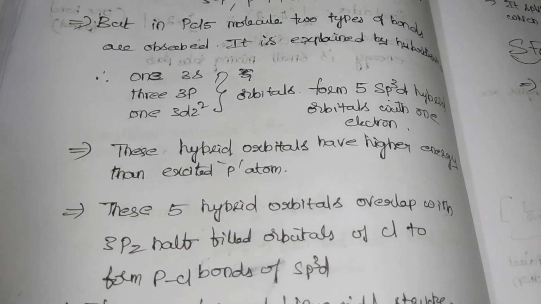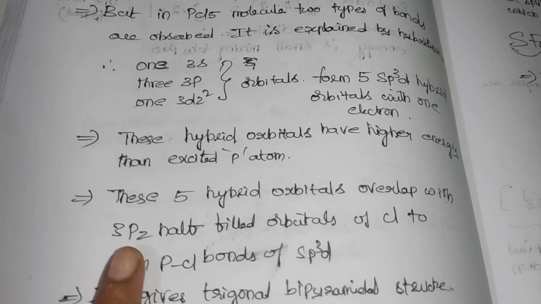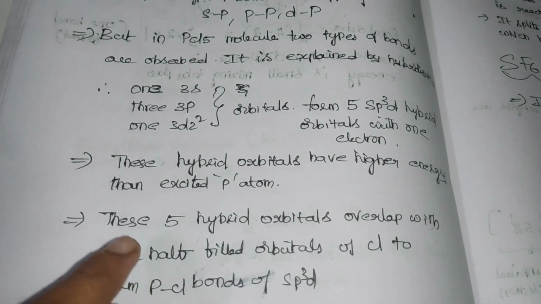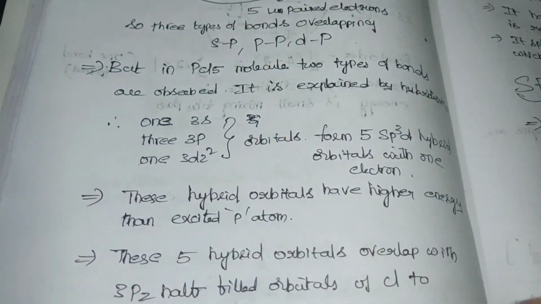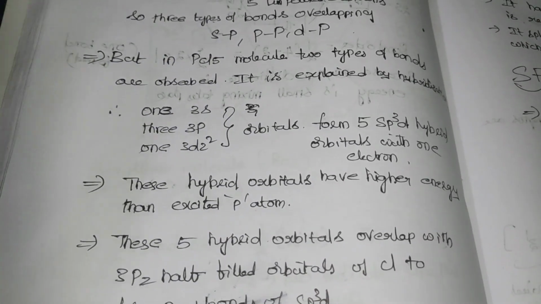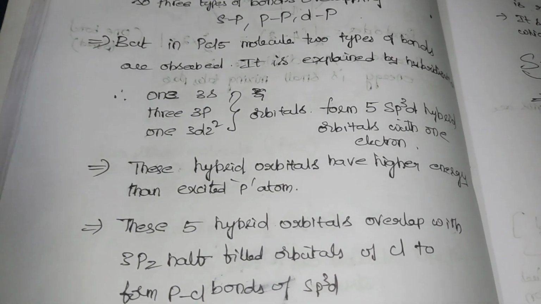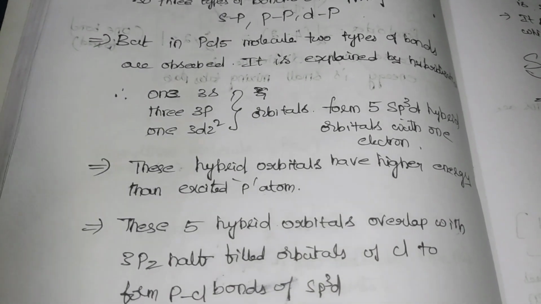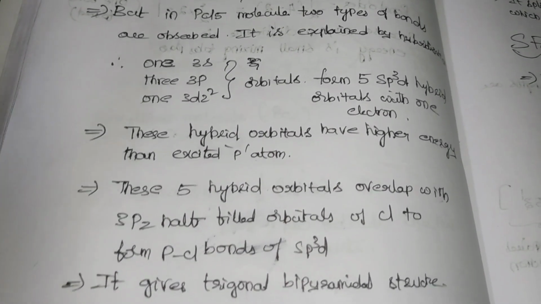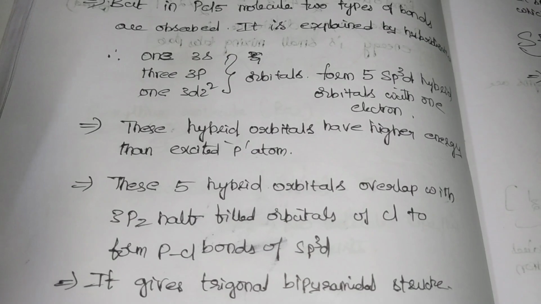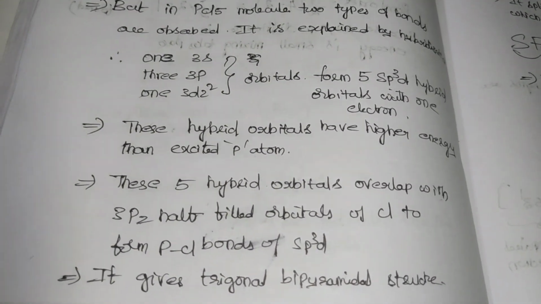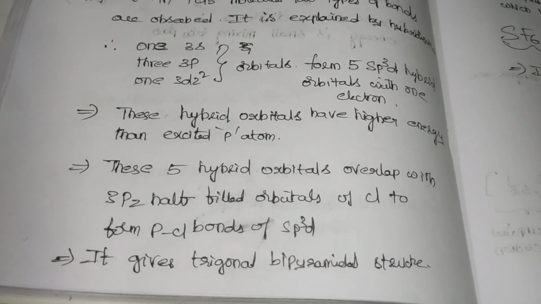These 5 hybrid orbitals overlap with the 3pz half-filled orbitals of chlorine, because all the chlorine atoms interacting with the phosphorus have pz half-filled orbitals. So there will be a formation of sp3d bonds with chlorine. The P-Cl bonds are sp, pp and dp bonds.